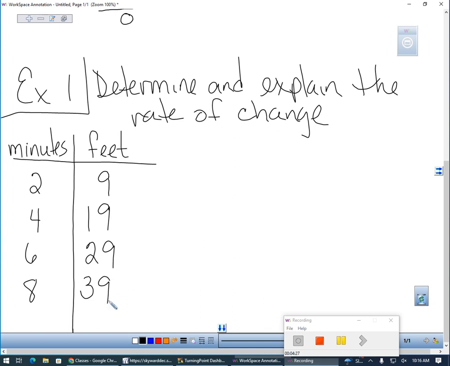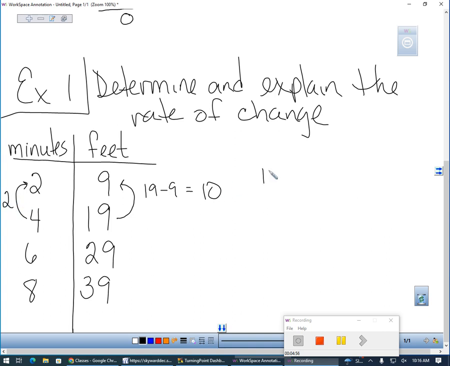So the first thing I have to do is find that rate of change. I got to determine it. When I say the change in y over the change in x, that means I am subtracting my y's. So I'm going to do a loop. 19 minus 9 equals 10. On this side, I'm doing the change in x. 4 minus 2 is 2.